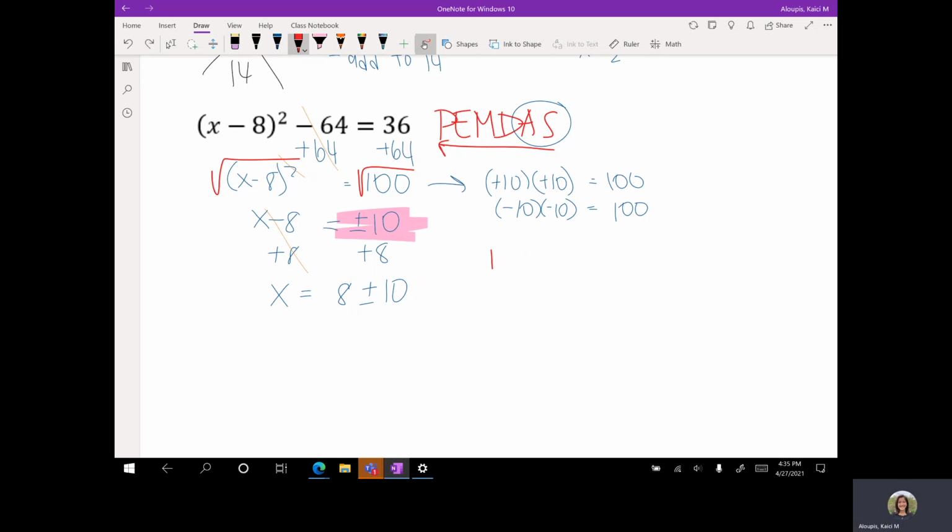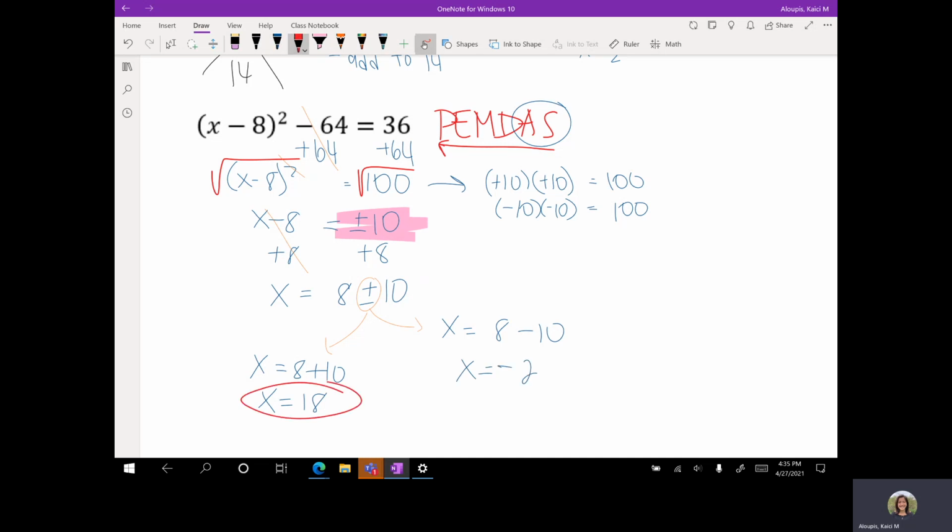Okay? So the last bit is to, again, split this up. So I'm going to have x is equal to 8 add 10, and x is equal to 8 subtract 10. Well, x is equal to 8 plus 10 is 18. x is equal to 8 subtract 10 is negative 2.